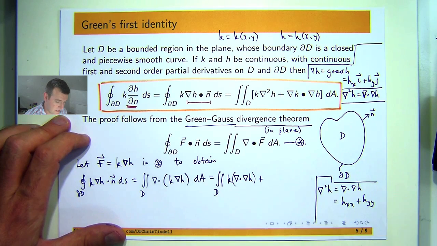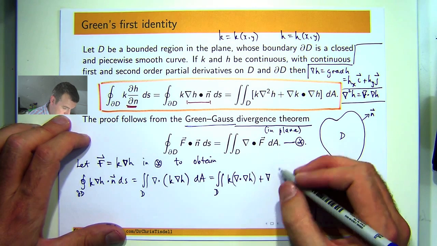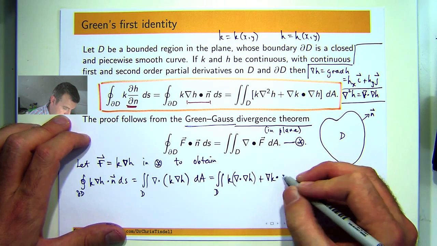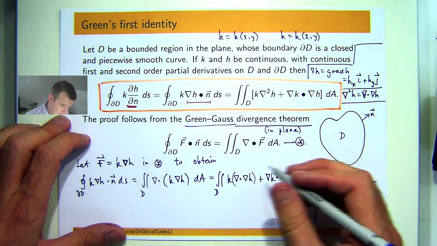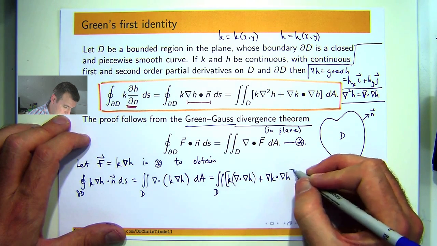That is just basically the gradient of k times the gradient of h. Okay, that's how we frame it in this context.